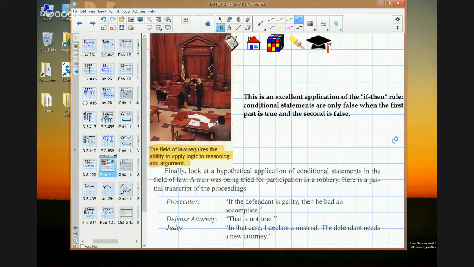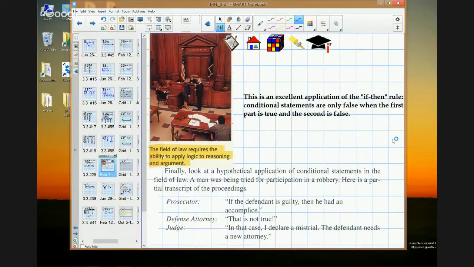You see where it says prosecutor, defense attorney, and judge? So the prosecutor, that's the guy trying to nail the defendant, says, if the defendant is guilty, then he had an accomplice. And right away the defense attorney says, that's not true. So immediately the judge called a mistrial.